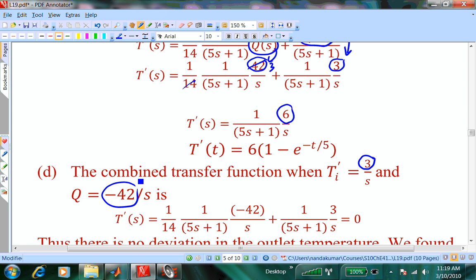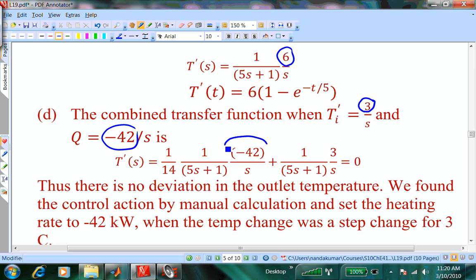So if your goal is to maintain the outlet temperature at the same value, if you know a priori that the inlet stream is going to increase by 3 degrees, we can figure out how much heat I have to decrease, so that I decrease the heating rate by that amount and the effect cancels out. So what happens here is it's the same combination of transfer function, but it is now minus 42 divided by 14. That gives you minus 3. Here you have plus 3. So add them up, it is 0. Okay? So there is no change.